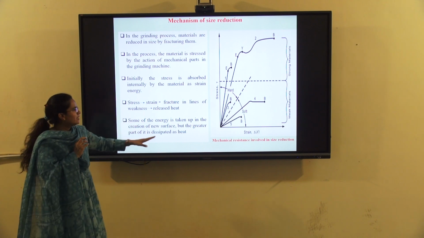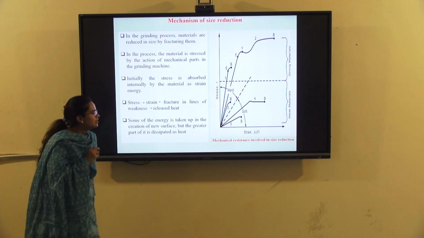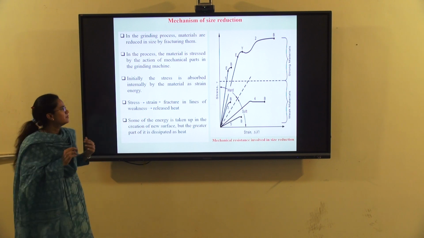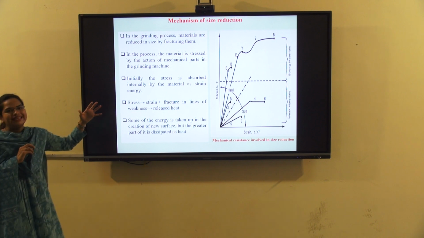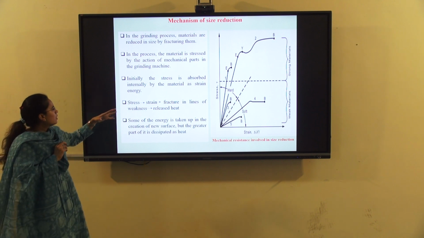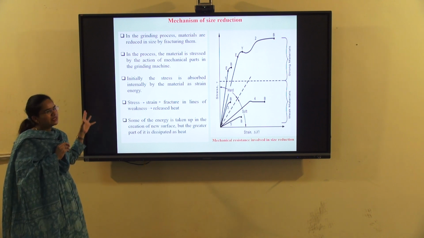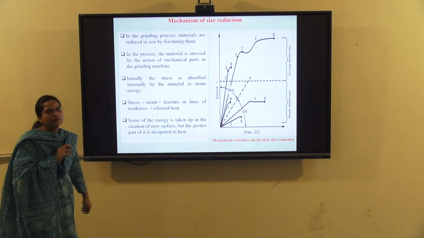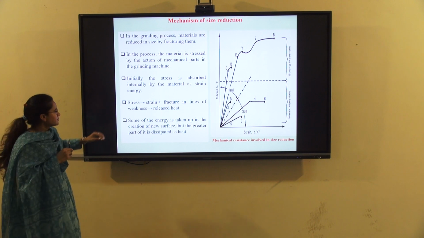Line 4 is a weak material, and line 5 shows soft weak material. Initially the stress applied develops the strain, resulting in fracture along the lines of weakness, which releases heat.